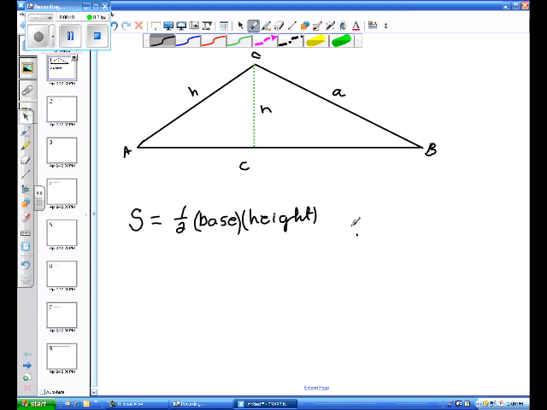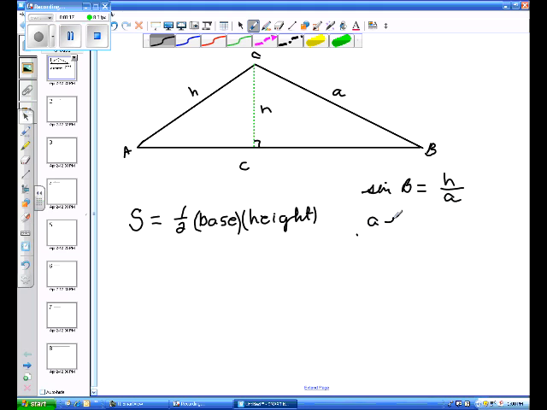Well, we want to look at how we can do this without having to find the height. Sometimes in the past we would have to solve for it. So we've got a triangle where I've dropped an altitude, which we know is perpendicular to the base. From this we could find that the sine of angle B is equal to h over a for this triangle.